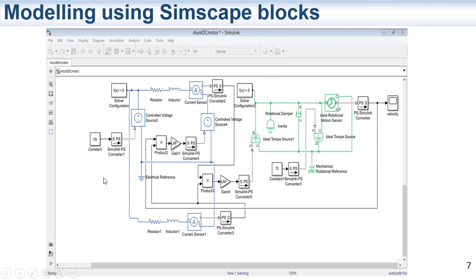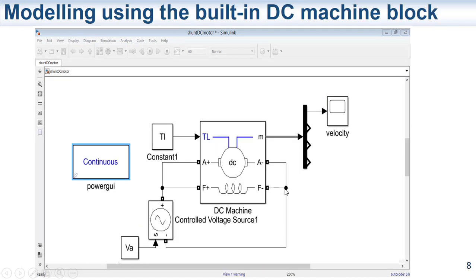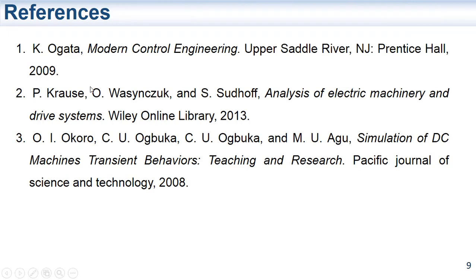The second approach is to use electrical components within the Simscape library, which is one of the libraries available in Simulink. And the third approach is to use the DC machine block available in Simulink to validate and double check the first two approaches. References cited in this lecture are presented here.